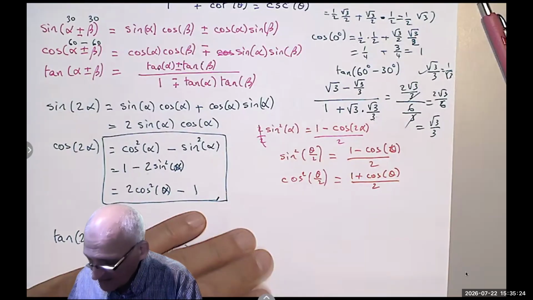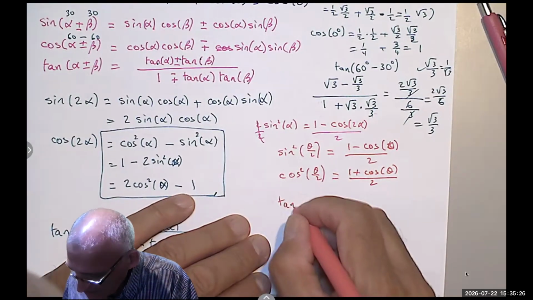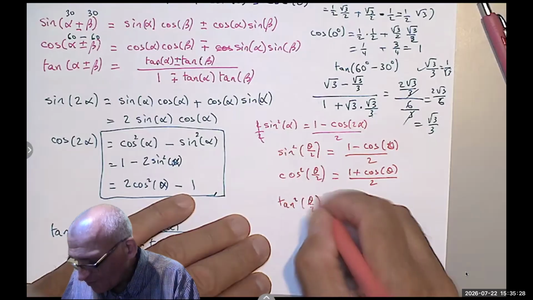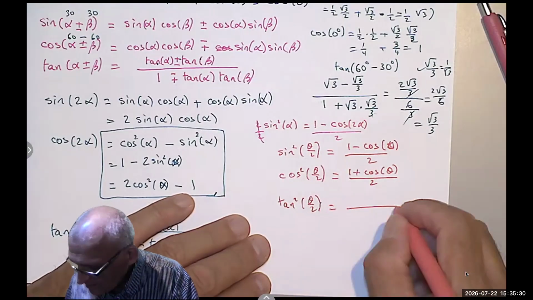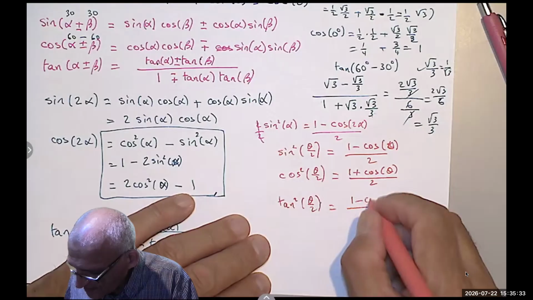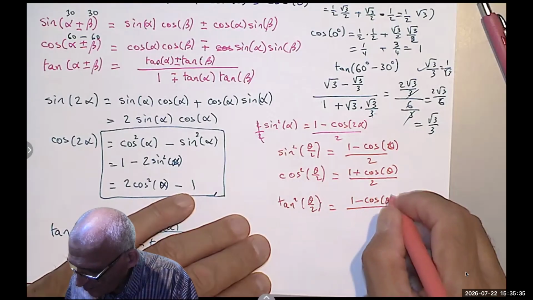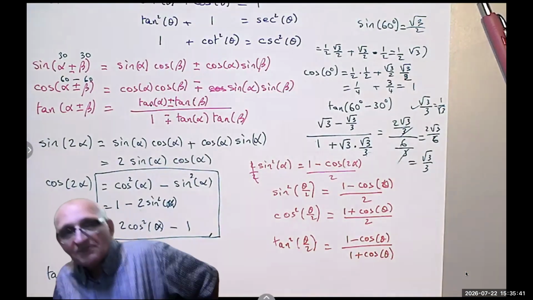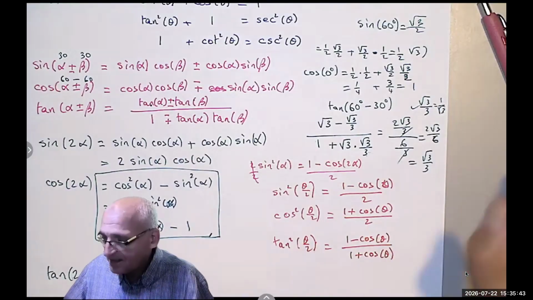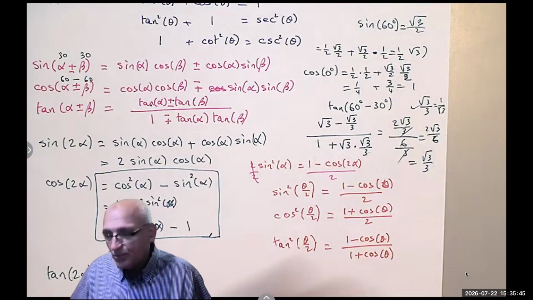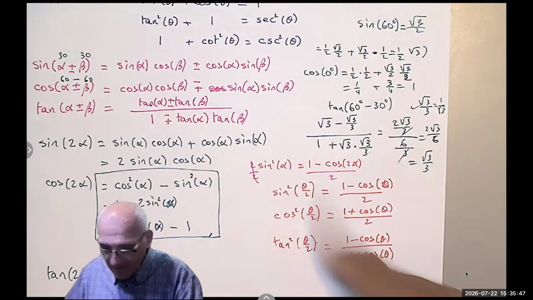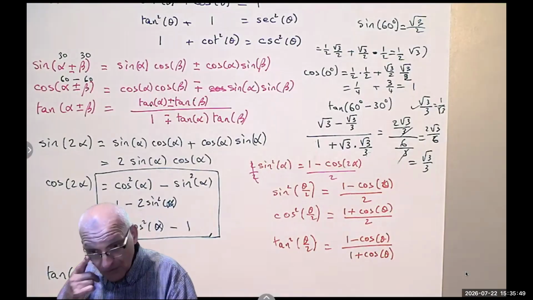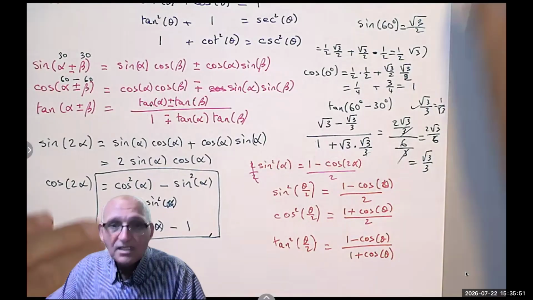The 2's cancel and you get tan square theta over 2, if you want. I don't think you will need it, but you will get 1 minus cos theta over 1 plus cos theta. And these are pretty much everything you will need in this course, and more even.